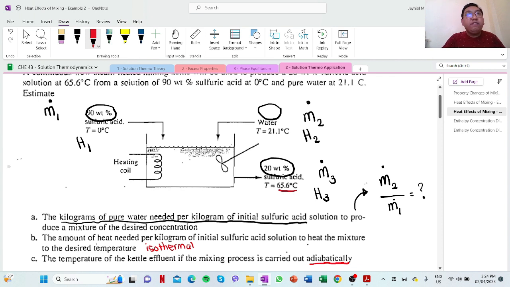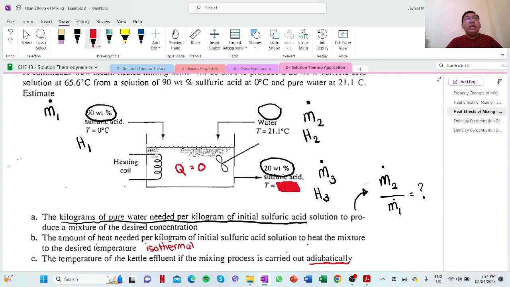What if the Q is equal to 0? You will expect that your temperature will not be 65.6. It can be greater than 65.6 or less than. So for adiabatic mixing, this is what we are going to find out: if the final temperature will increase in value or will lower in value as compared to the isothermal process.